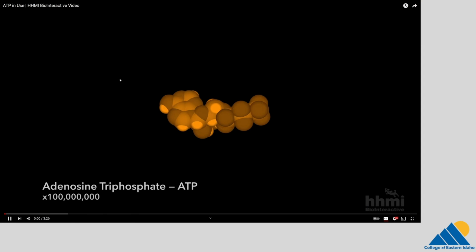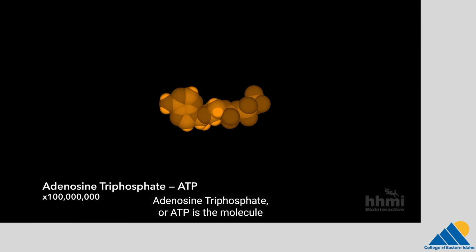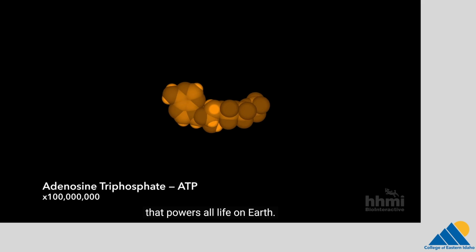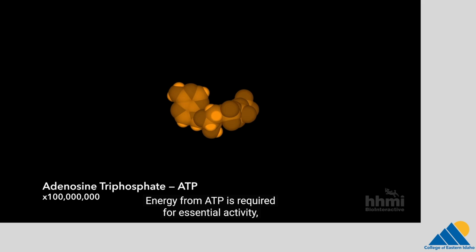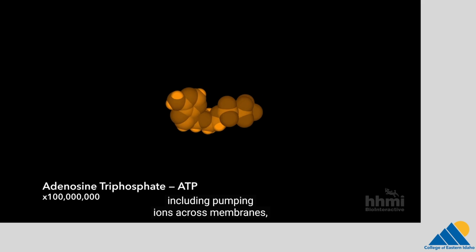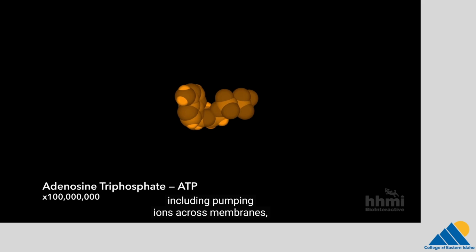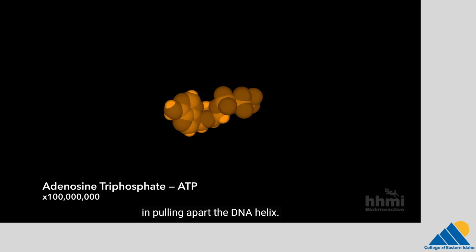Adenosine triphosphate, or ATP, is the molecule that powers all life on Earth. Energy from ATP is required for essential activity, including pumping ions across membranes and pulling apart the DNA helix.